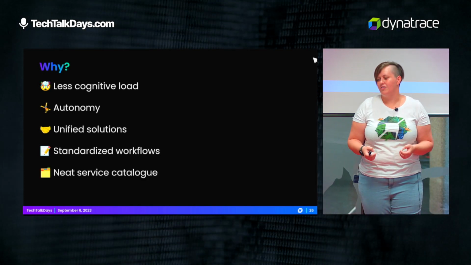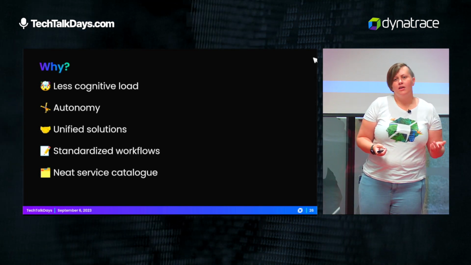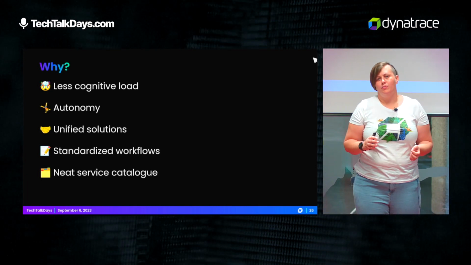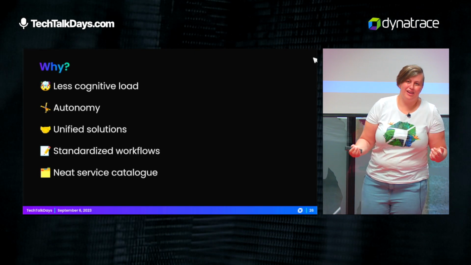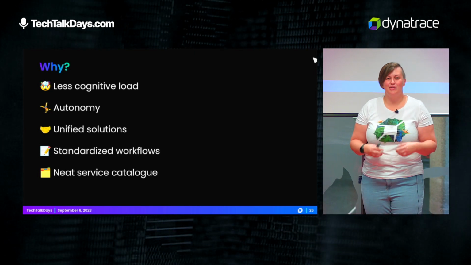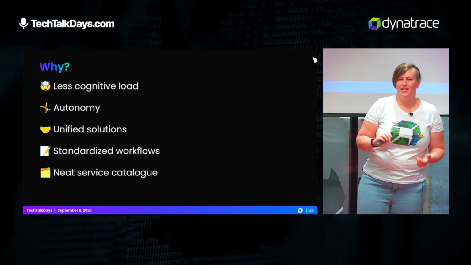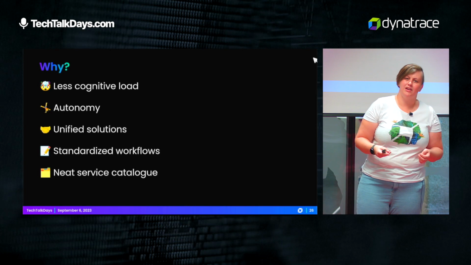And last but not least, a platform can provide a neat service catalog. This means it's a similar situation as with the standardized workflows. Because if you now have a service in your company, what I have been doing in the past was always going to the Git repository, checking the Git history, and then somehow finding out the owning team. But it was always a bit annoying and not always up to date.